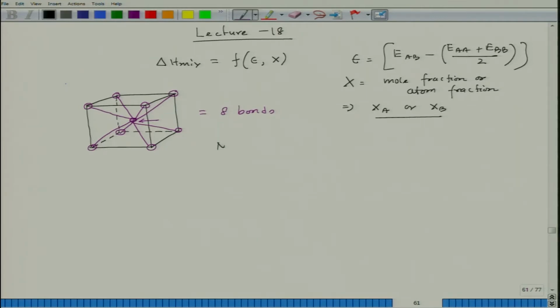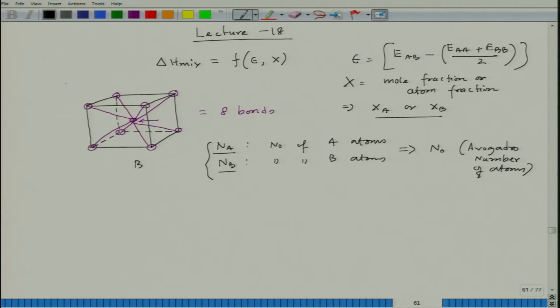Now, if we consider Na number of A atoms and Nb number of B atoms, they are in combination forming N0, which is the Avogadro number of atoms. Before mixing we have pure A atoms and pure B atoms, and in both cases the structure is BCC.